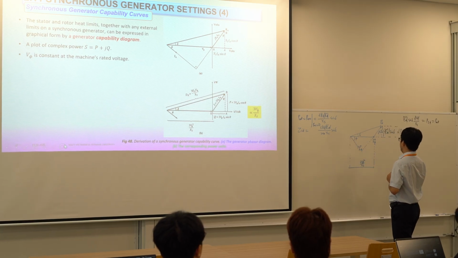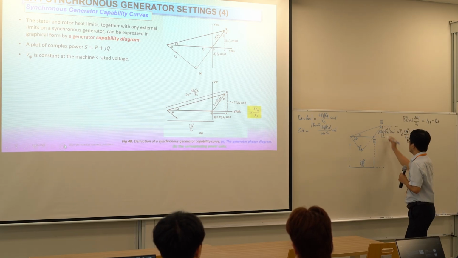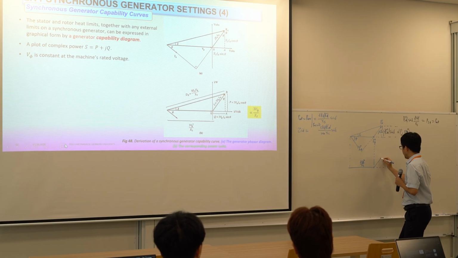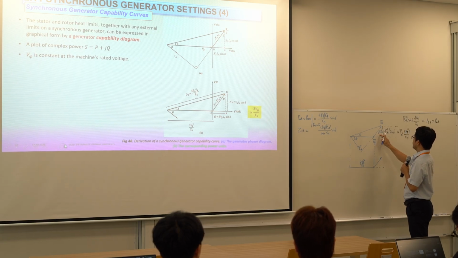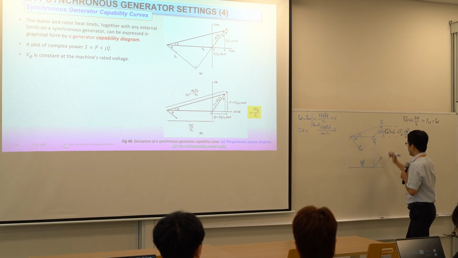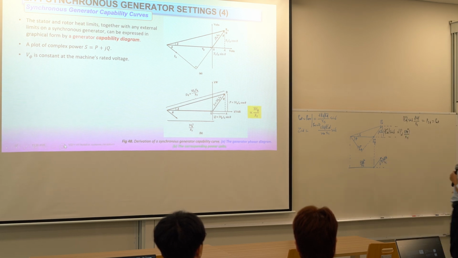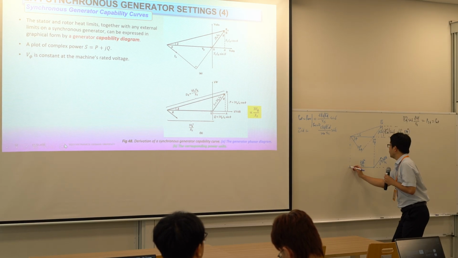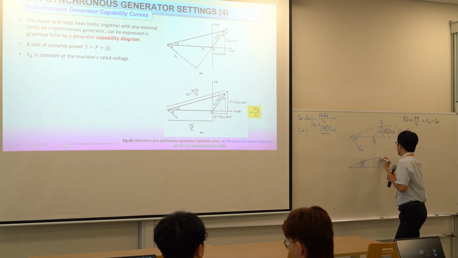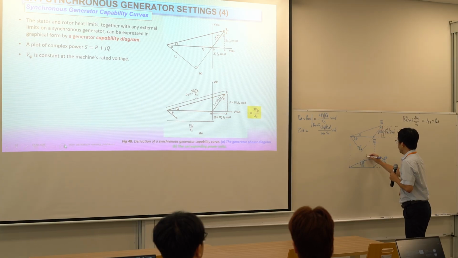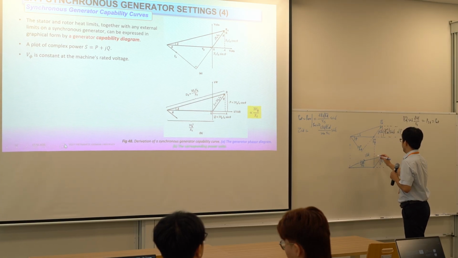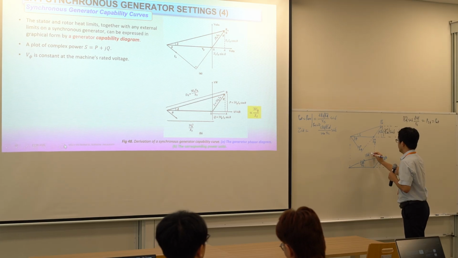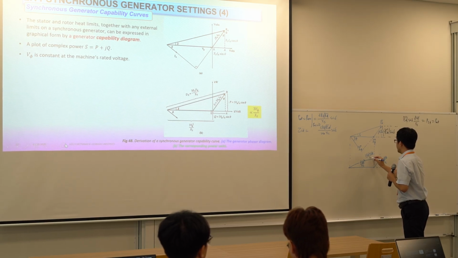Now we have this one, jXS IA, which now becomes jXS IA times 3V phase over XS. So now we get this curve. This is EA, right? What else? 3V phase over XS.